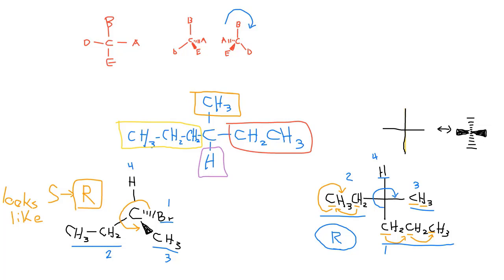I don't understand how it looks like S because I thought it was R anyway. Well, okay, so you've got to remember, you always draw the arrow from the highest priority group towards the lower, from the number 1 to the number 2 to the number 3. Can you see how the circular arrow from number 1 to 2 to 3 is counterclockwise?